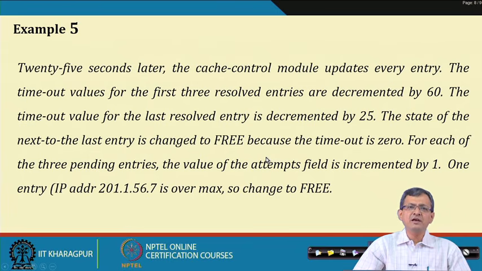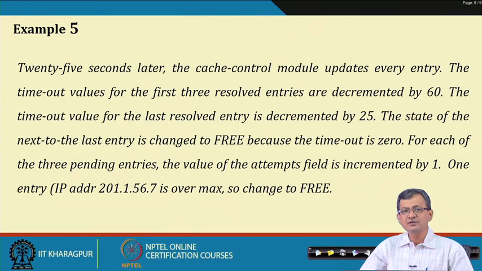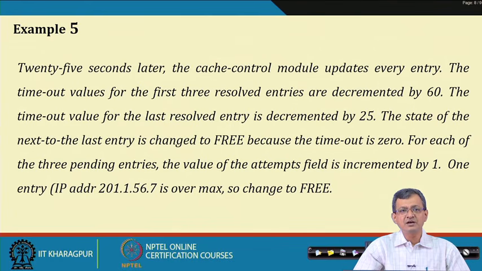And then, 25 seconds later, the cache control module updates every entry. The timeout values for the 3 resolved entries are decremented by 60 and the timeout for the last resolved entry is decremented by 25. The state of the entry changes from resolved to free because the timeout is 0.